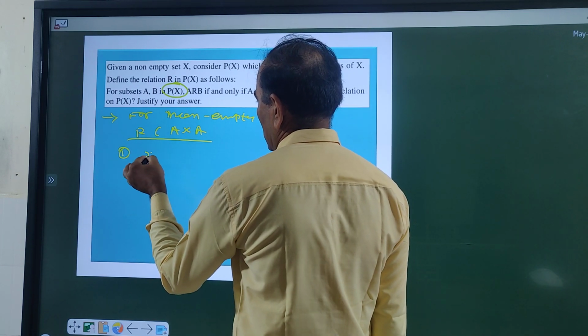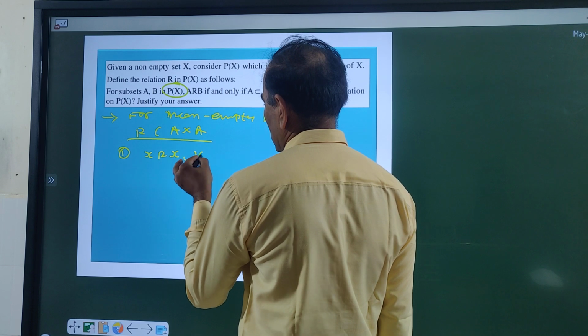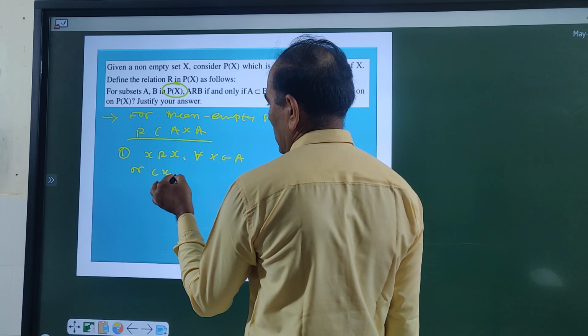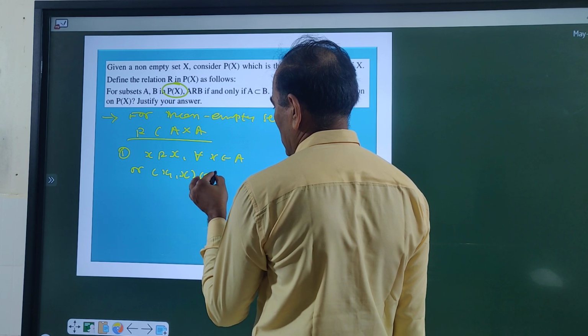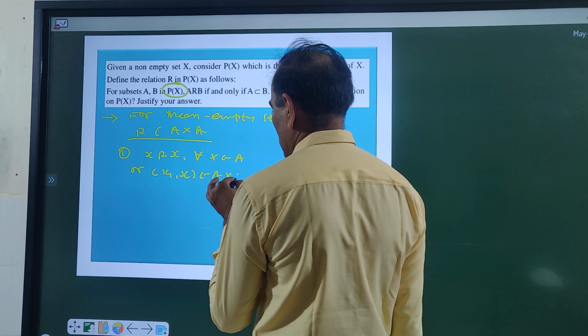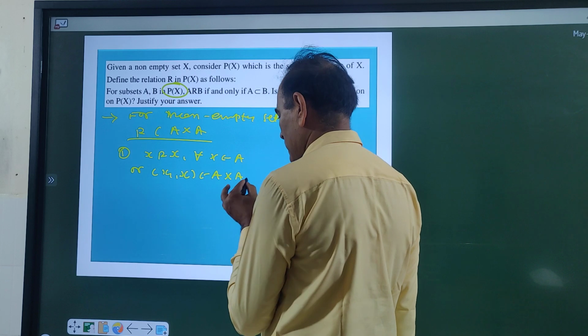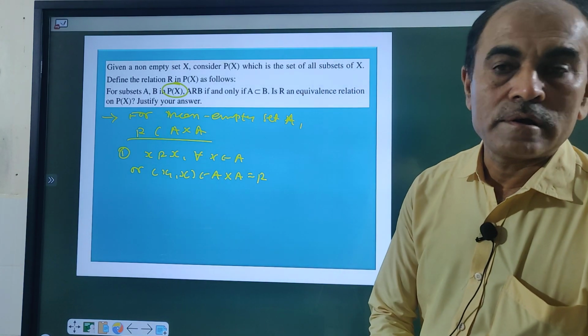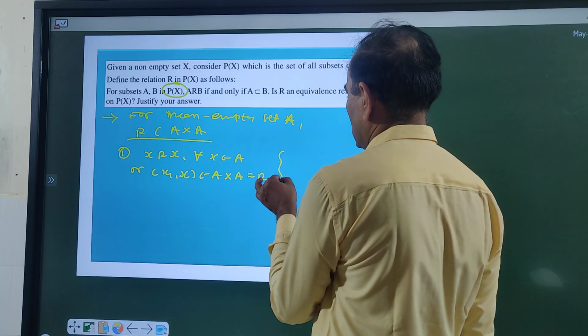Now, if x R x for all x belongs to A, or every ordered pair in A cross A is in R, then that relation is called a reflexive relation.